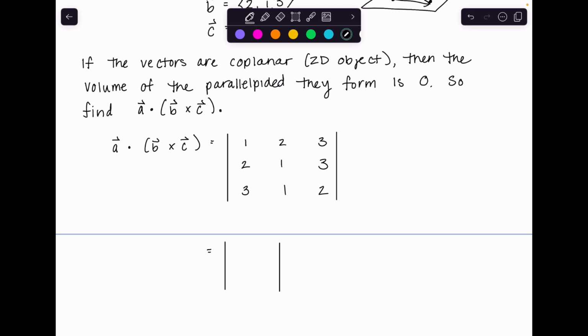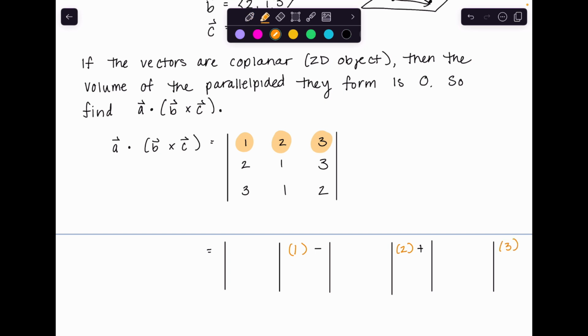Okay. So we're going to go ahead and do that expansion along the first row. So I'm going to have a matrix times 1. Then we subtract another matrix times that second value, which is 2. And then we add a third matrix times that final value of 3.